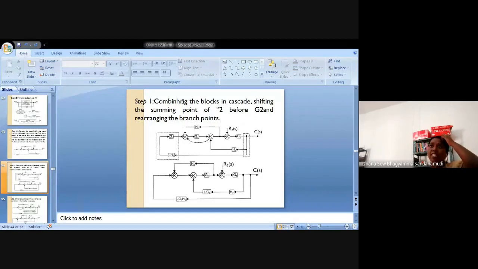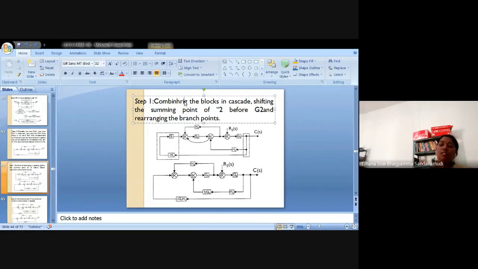So what I have done is, if you see here, these two are connected in cascade.